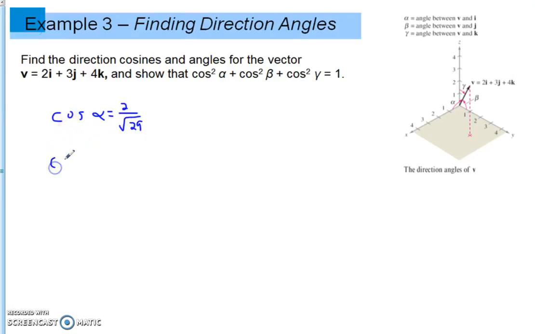The cosine of beta, not hard once you get the first one, is equal to 3 over the square root of 29. And the cosine of gamma is equal to 4 over the square root of 29.